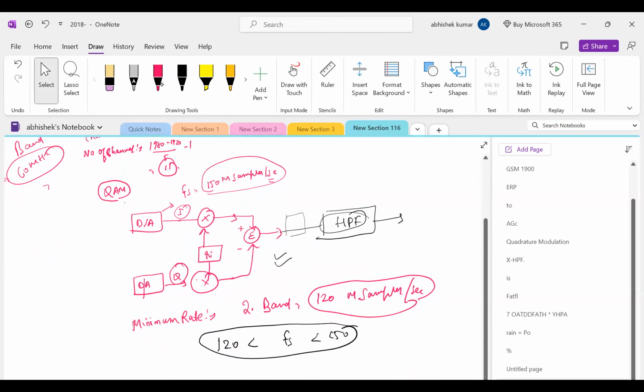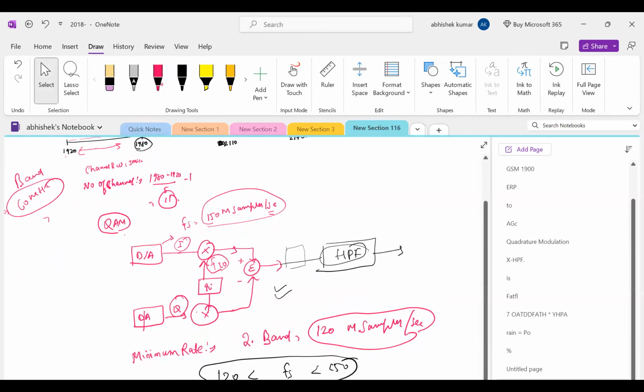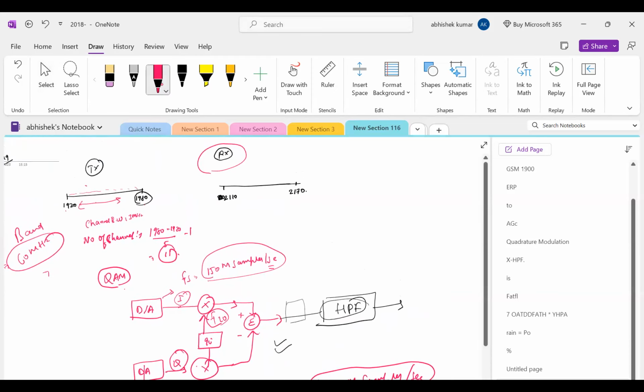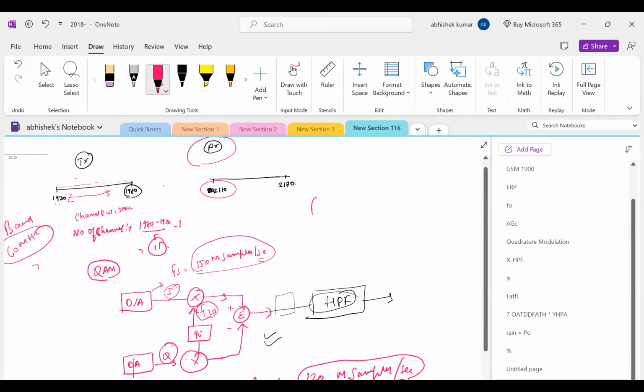Now they are also asking for the local oscillator frequency. I am changing my 1920 to 2110. So what will my LO oscillator frequency be? The LO frequency will be nothing but 2170 minus 1980, which is 190 megahertz.